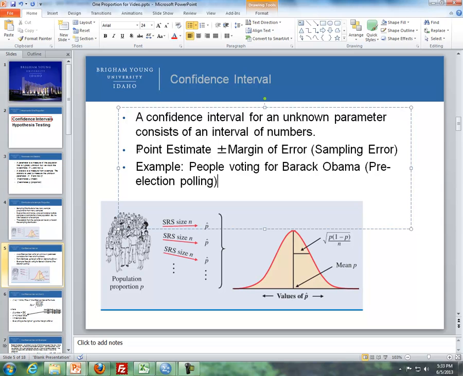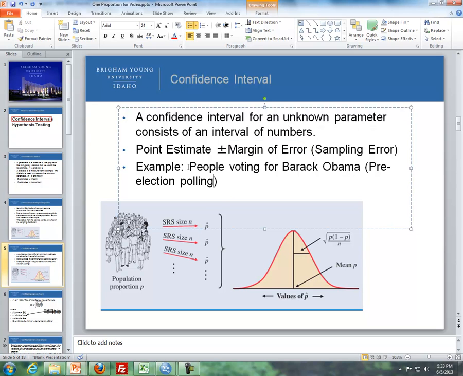Point estimate back in Unit 2 was our sample mean, an example where we have a sample mean. We take that sample mean plus or minus a margin of error to get our confidence interval for the true population mean. Now for this unit, we're going to take a sample proportion plus or minus a margin of error to get a confidence interval for the true population proportion.